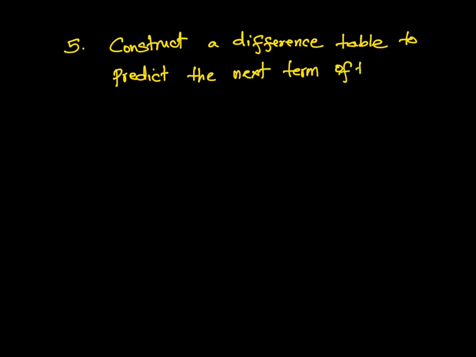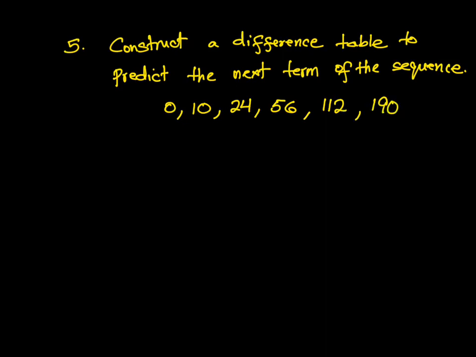So you have to find the next term of the sequence using the difference table. The sequence is given to you as 0, 10, 24, 56, 112, and then 190. Okay?